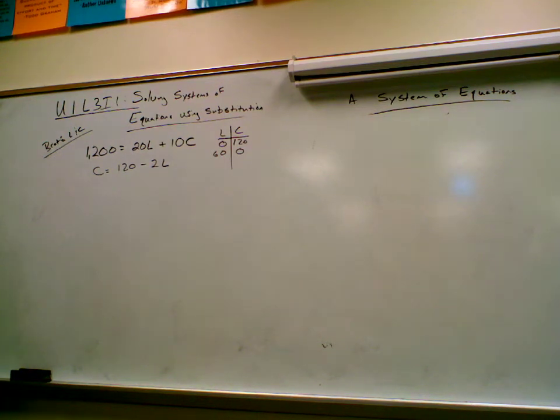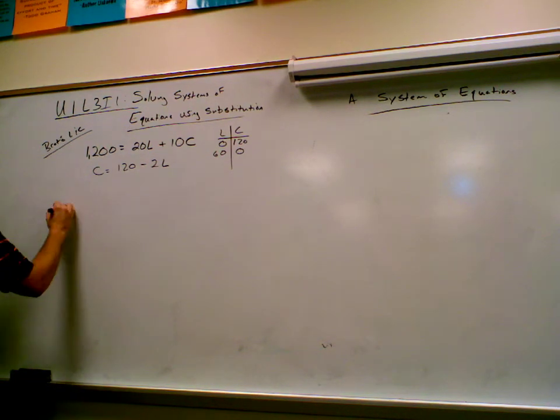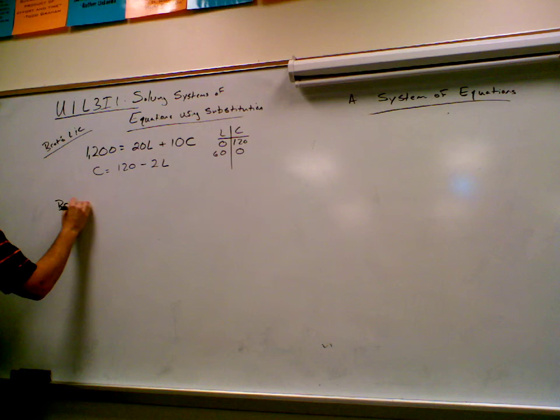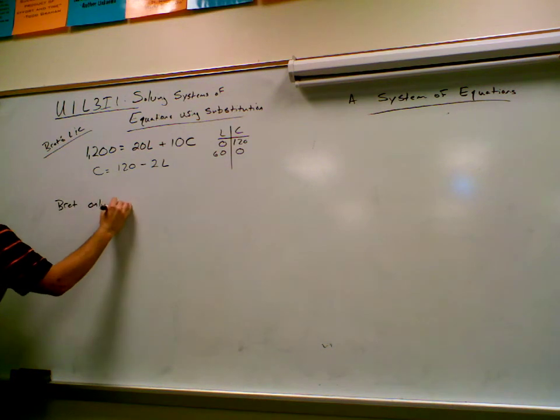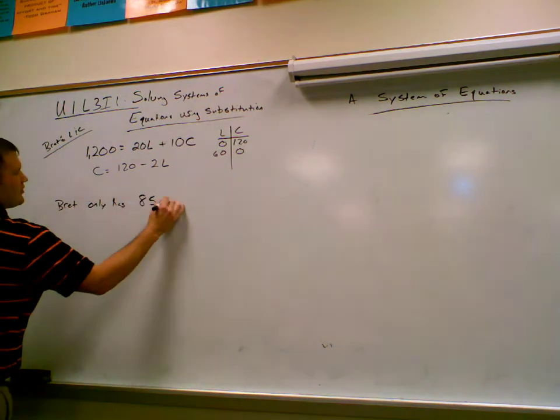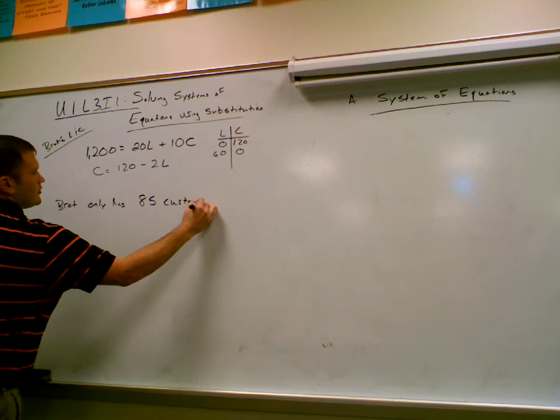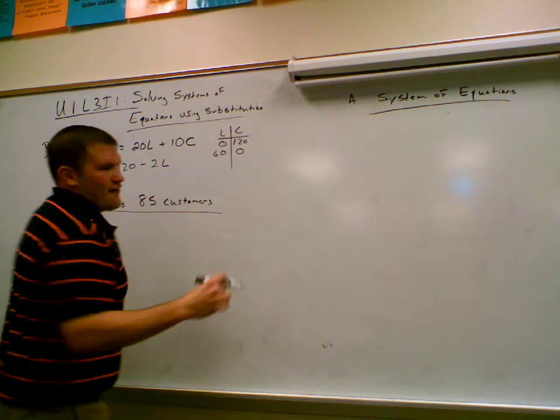They want to make sure Brett has a good time in the summer. So they say Brett can only have 85 customers. That means he can only have 85 transactions.